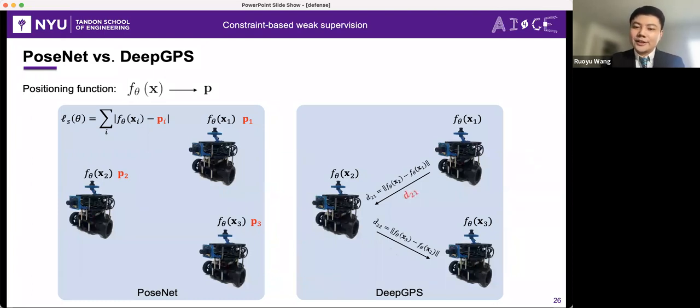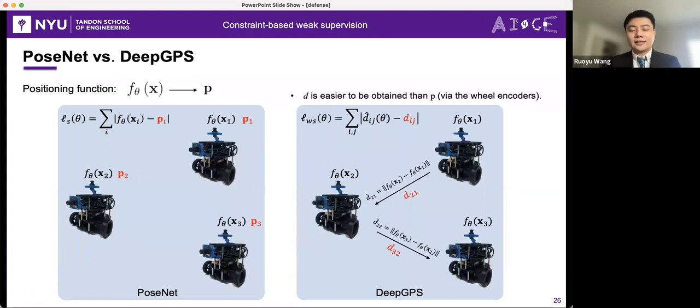And then we use the ground truth distances as the supervision signal. The loss function captures the difference between the ground truth distances and the predicted distances. The ground truth distances can be automatically collected by the wheel encoder on the robot, while the ground truth positions cannot be automatically collected. So the advantage is that D is easier to obtain than P.